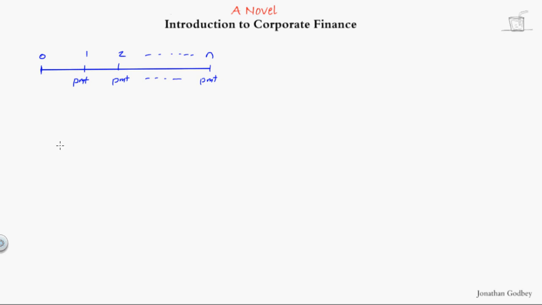Warning, graphic mathematical content coming. If you don't like the math, you can fast forward to the conclusion, but I think it's worth your time to see that this formula that I'm going to show you doesn't fall out of the sky. It comes from somewhere.